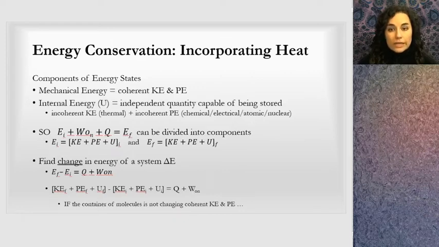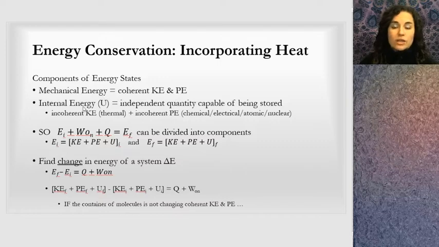So, incorporating heat into energy conservation, we must break down what's going on within the solid. Of course, there's some sort of coherent kinetic energy or potential energy, which is what you've been used to. When we take a macro object and we move it around on the planet and the center of mass does things, that's a coherent energy, and we can measure it in terms of kinetic energy and potential energy.